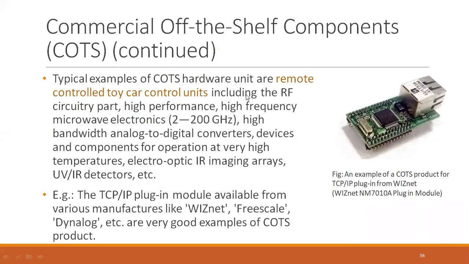Typical examples of COTS hardware units are remote control tri-car units, right? You are just using core controllers including the RF circuitry part, high performance, high frequency microwave electronics, and high bandwidth analog to digital converters, devices and components for operation at very high temperatures, electro-optic IR imaging arrays, UV or IR detectors, etc. Remote control tri-car controllers are available in the market at cheaper prices.